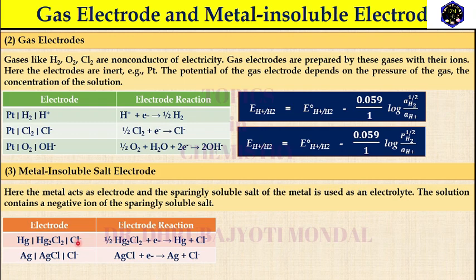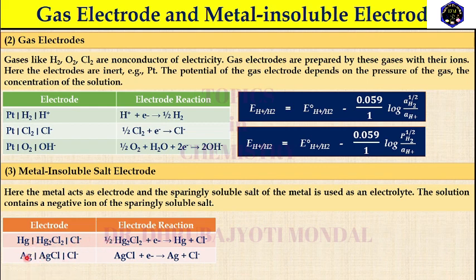The solution contains the negative ion of the sparingly soluble salt, and since the negative ion of Hg2Cl2 is Cl minus, the solution also contains Cl minus. So what is the electrode reaction? This is the electrode reaction: half Hg2Cl2 plus e minus converts to Hg plus Cl minus. Remember, this electrode is called calomel electrode.